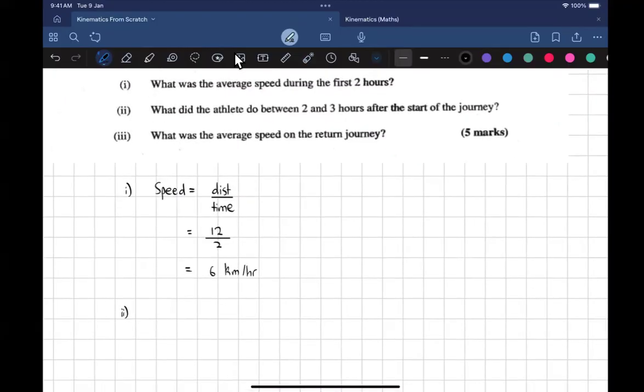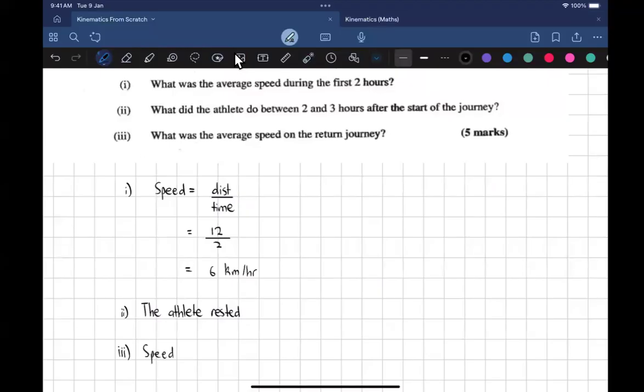Part 2, what did the athlete do between 2 and 3 hours after the start of the journey? The athlete rested. Right? What was the average speed on the return journey?